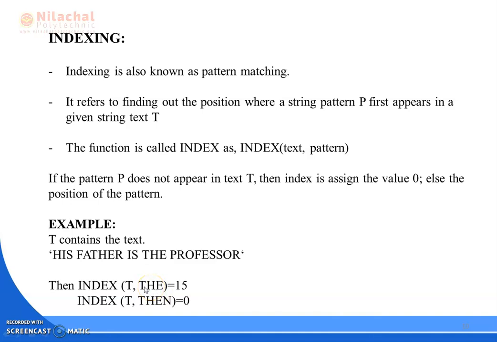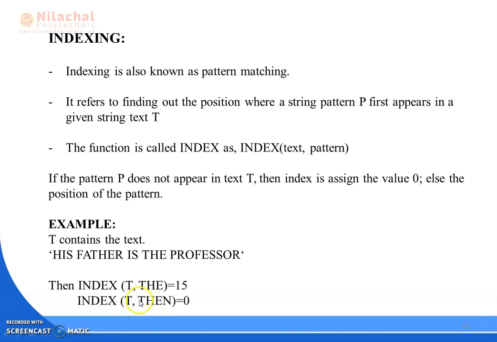So here the pattern is the and the text is T. We can easily see the appearing in the text. After counting, you can find that it is at the 15th position of the text. As the pattern appears in the text, it will be assigned the index value as the position of the pattern, that is 15. The next example says the function index, the text, and the pattern then.